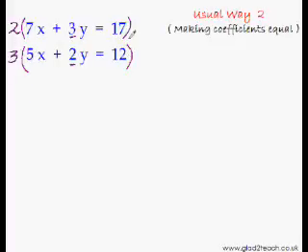Now just simplify it. 2 times 7x would be 14x, and 2 times 3y would be 6y, and 2 times 17 would be 34.